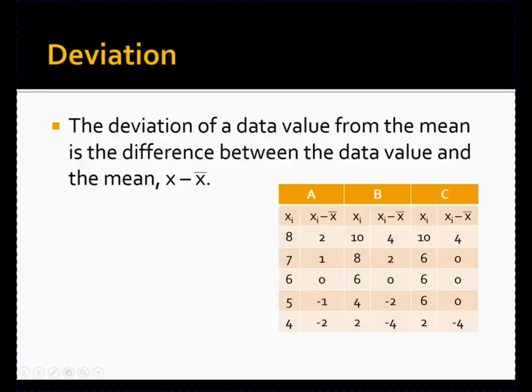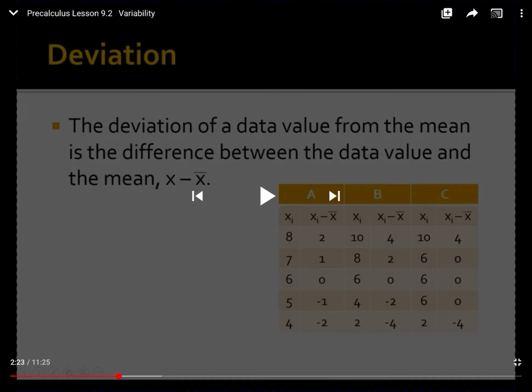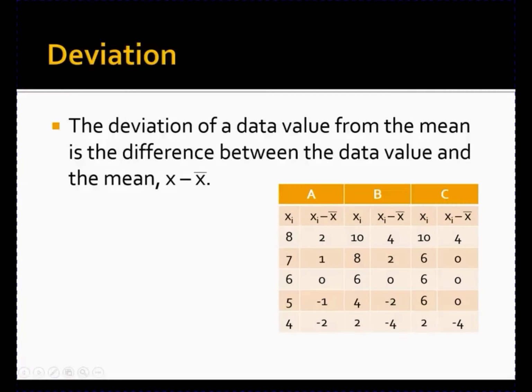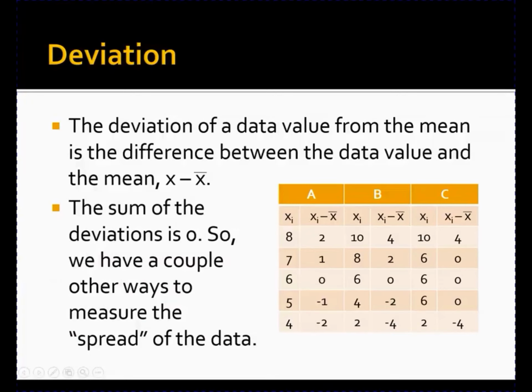So 8 minus 6 is 2. 7 minus 6 is 1. 6 minus 6 is 0. 5 minus 6 is -1, and so on. The sum of the deviations is 0, which makes sense. If you take each of those deviations and add them together, you get 0.